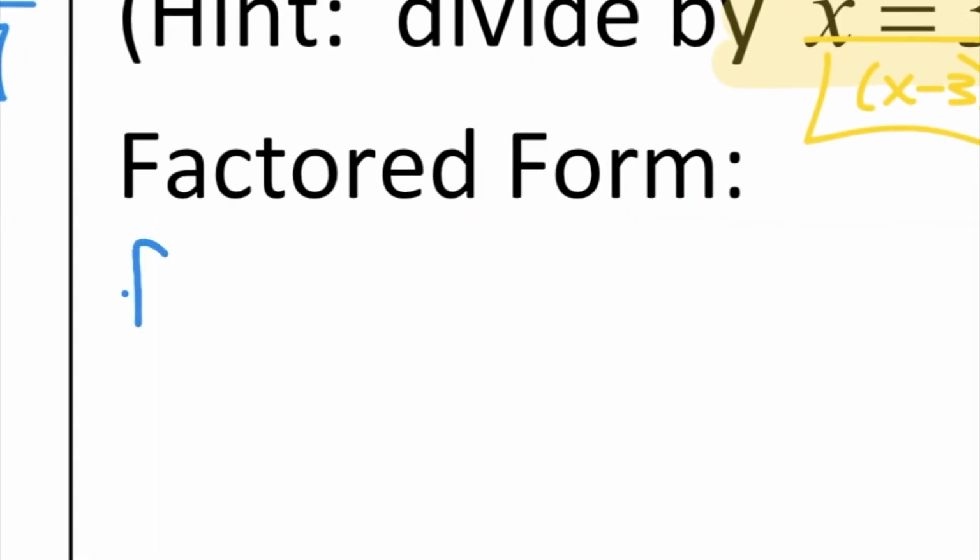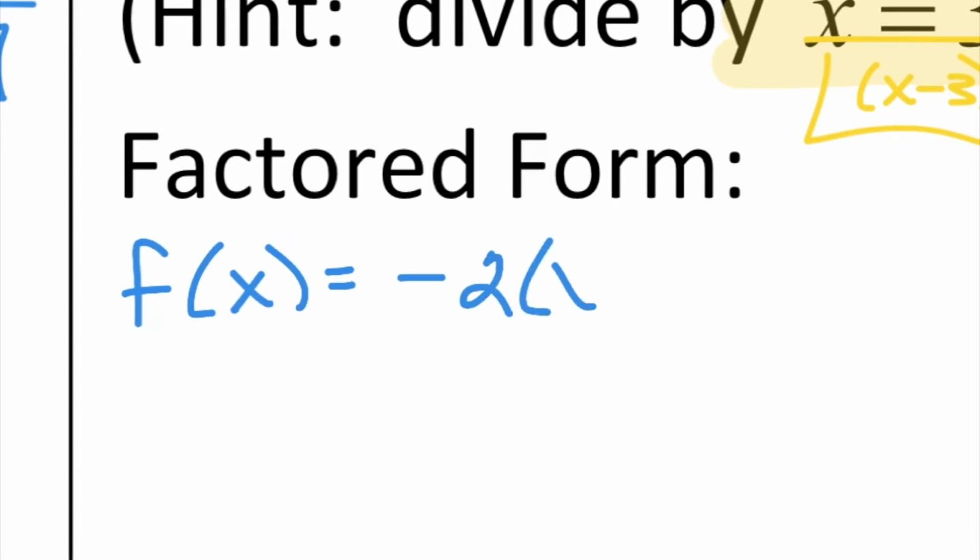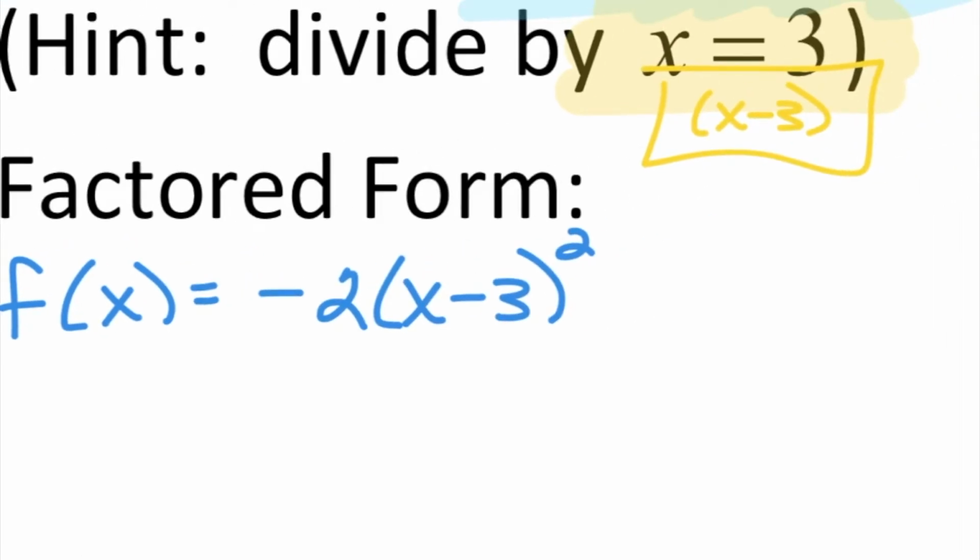So my factored form is going to be f of x equals, don't forget your negative 2, x minus 3 twice, so with the exponent of 2, times x plus 1. And this is going to give us that double root look with the bounce on the graph, where the function is on the same side of the x-axis on both the left and the right of it.